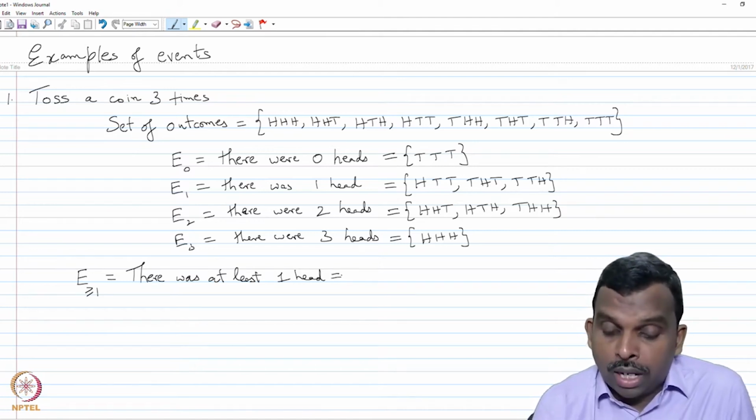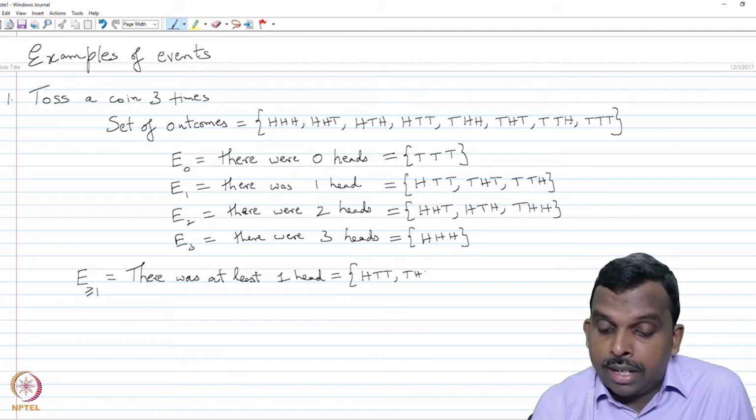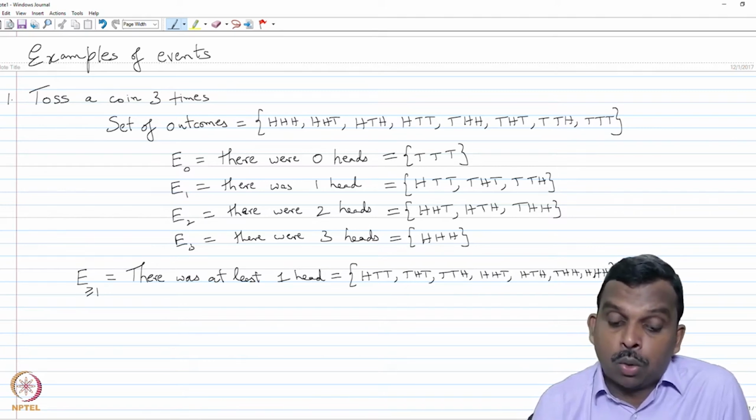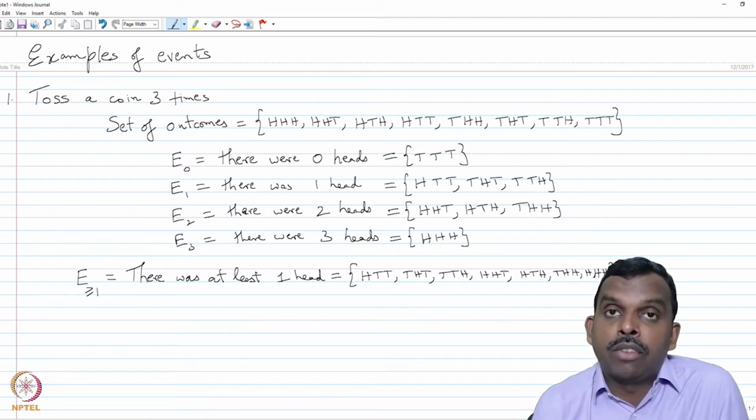If you now look at this set, if you want at least one head, these are the possibilities: HTT, which has at least one head, THT, TTH, and then you have HHT, HTH, THH, and then HHH. There are 7 possible outcomes in this event, which is there was at least one head.